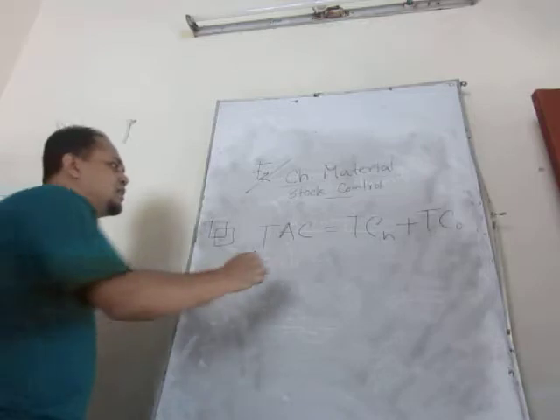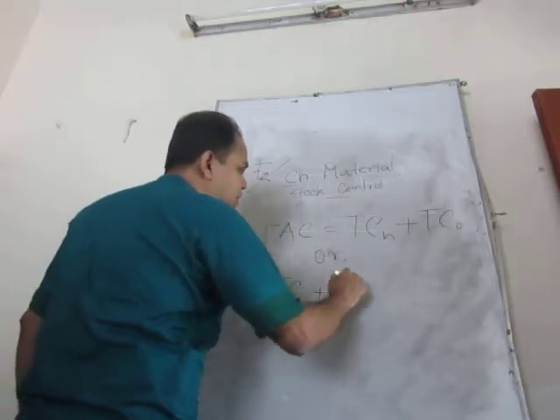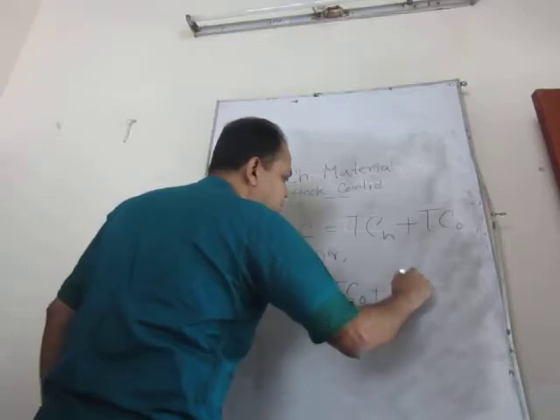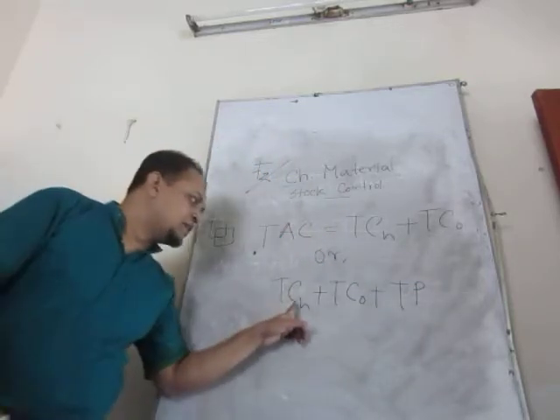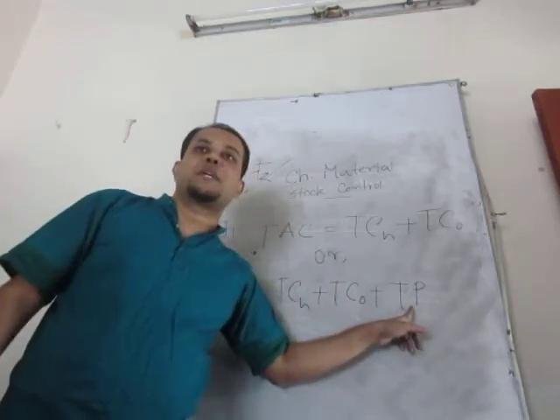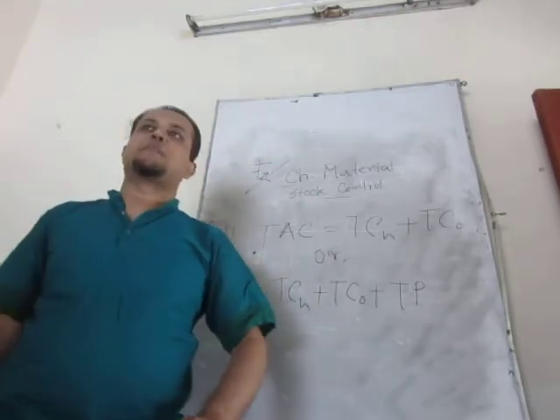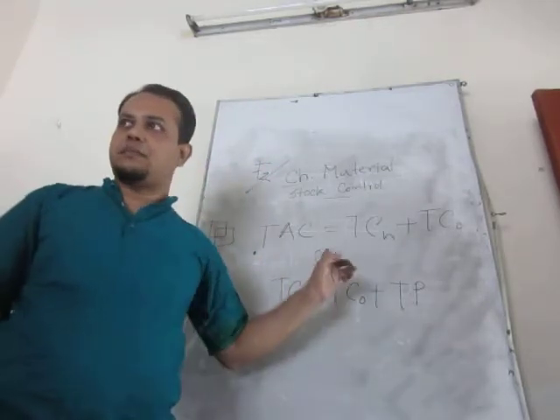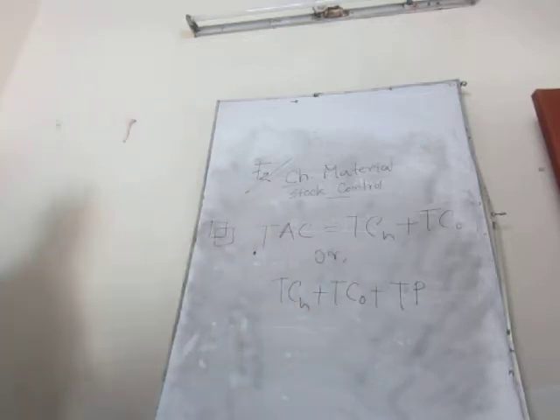Even it may be calculated like this: total holding cost plus total ordering cost plus TP, total purchase price. We have discussed holding cost, we have discussed ordering cost, and TP, total purchase price. That is the purchase price required to purchase the material from your suppliers. Clear? Okay. So these are the EOQ related assumptions.